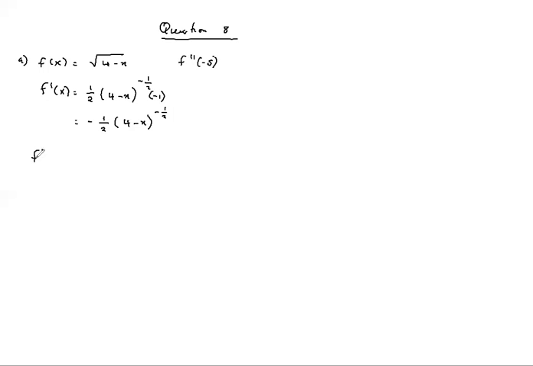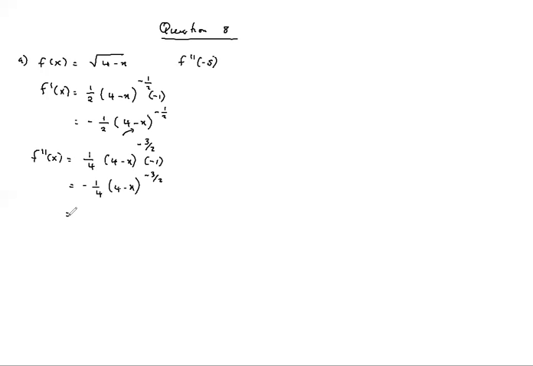Then when you differentiate for the second time, you drop the -1/2, so you're going to have 1/4, positive now because it's coming as negative. Remember, it's -1/2, and then 4 minus x. You subtract 1, now you're getting -3/2, multiplied by -1, the derivative of the inside. So this becomes -1/4 (4 minus x) to the power -3/2.